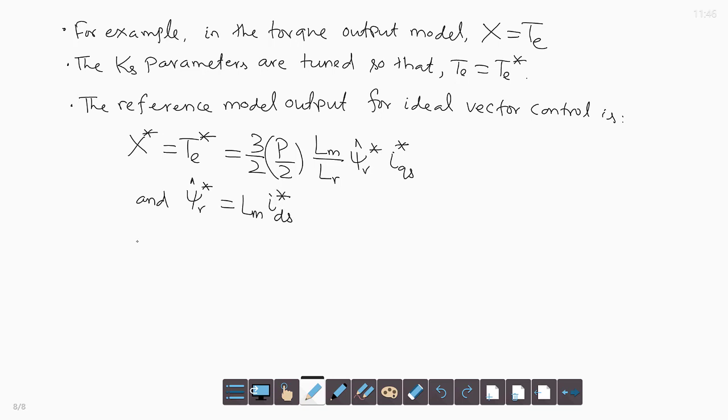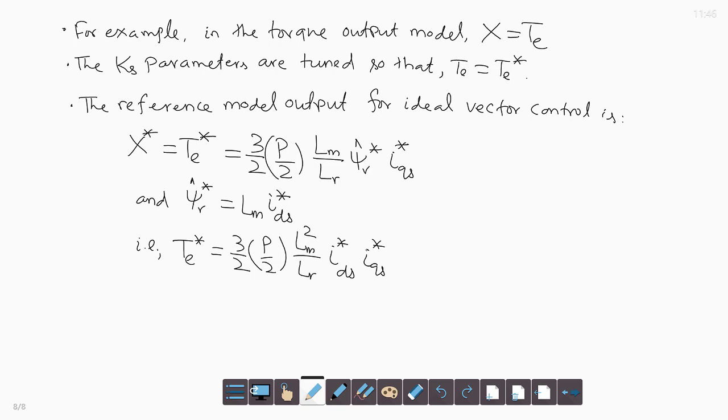So, T E star is 3/2 into pole pairs into Lm square by Lr into IDS star into IQS star.